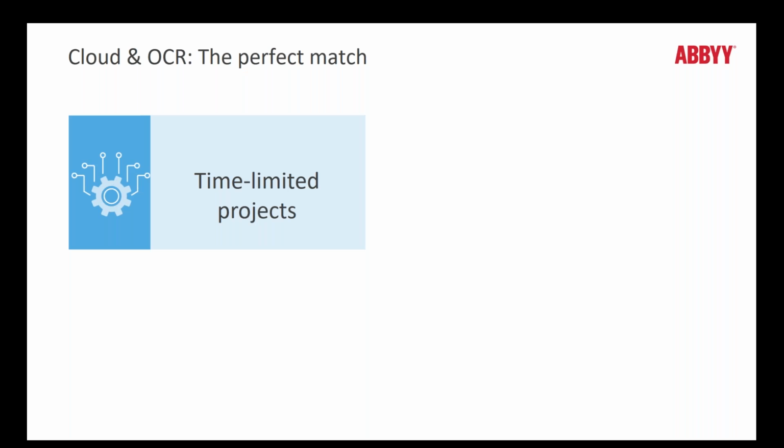So we, over time, see several typical scenarios where cloud-based OCR comes perfectly handy, and one of them are time-limited or one-time projects. This would be a situation when, for example, your customer discovers in the basement a large archive of documents, and this archive should be digitized and turned into searchable PDFs.